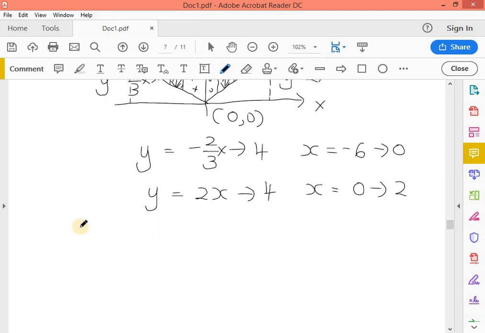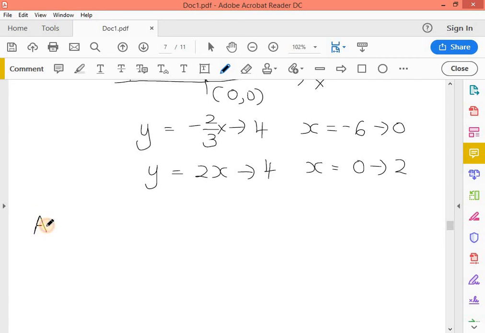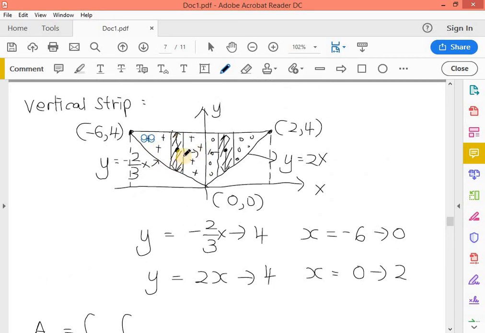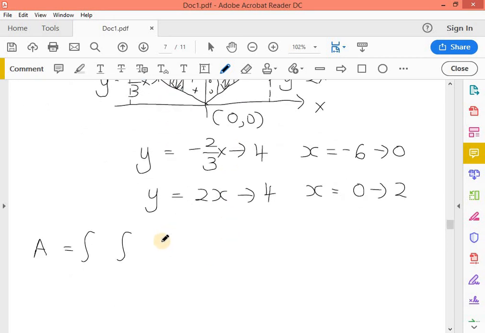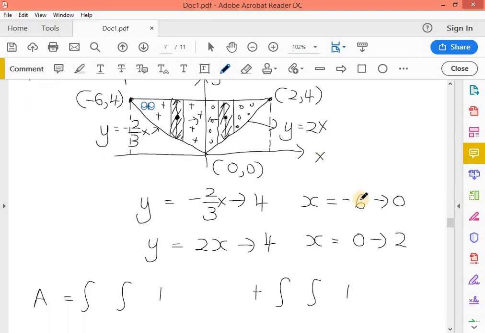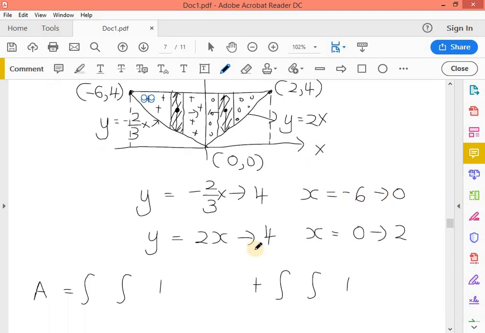Okay? So, for your area, you will have 2 sections. One section is for the triangle on the left side, and the other is for the triangle on the right side. So you have to define the interval. The number is always outside, with the variable always inside.